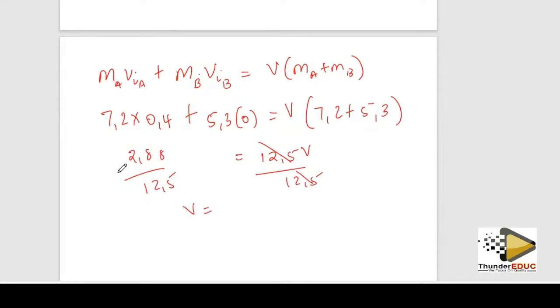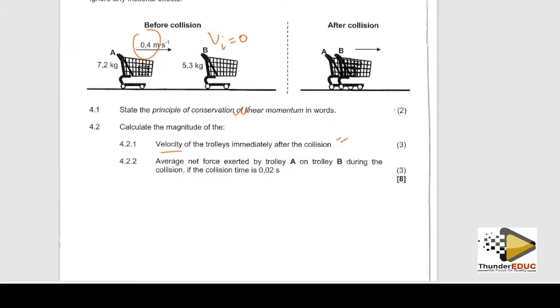I'm having 0.2304. So just 0.23 meters per second. So that is the velocity of the combined, okay, 0.23 meters per second.